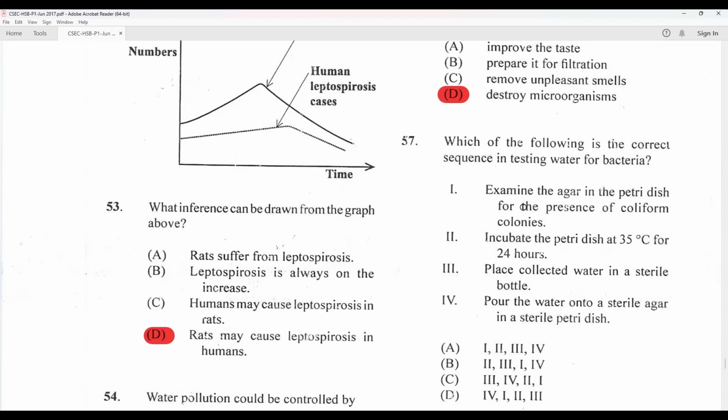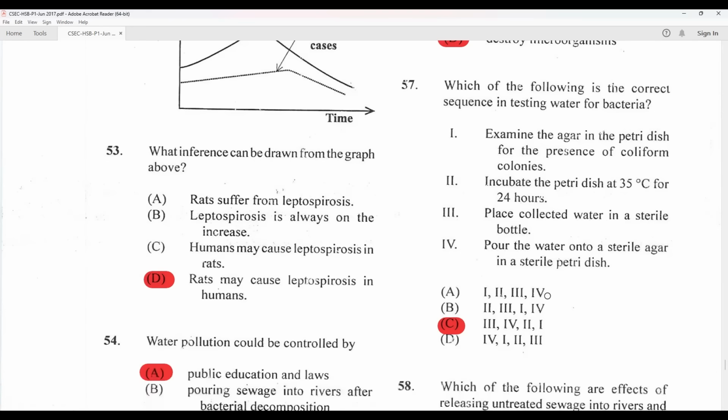So if you are now examining the petri dish, this is the last step, which already tells us the answer is C. But you need to incubate the petri dish at least for 24 hours before you check for bacteria colonies. And you would have collected some of the water in a sterile bottle at the start. So this would have been your first step. And this would be the second step, to pour water in sterile agar in a sterile petri dish.